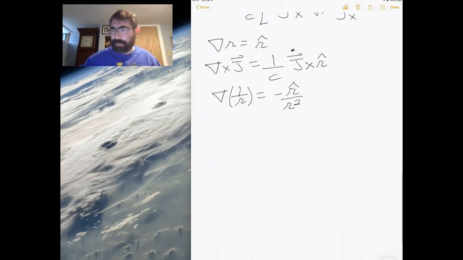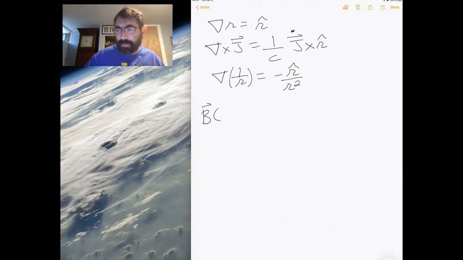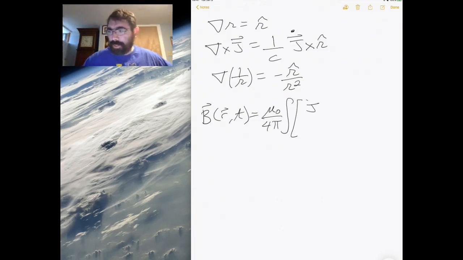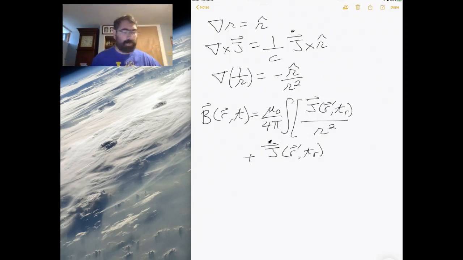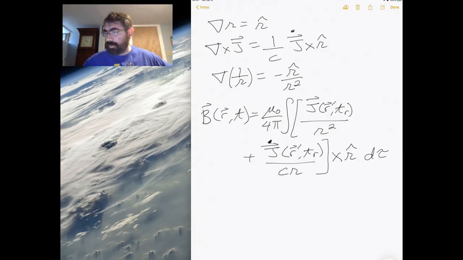And so if we now put some of this stuff together, what we get is the magnetic field at some position r at some time right now t is mu 0 over 4 pi, the integral of the current at a position r prime at a time t_r divided by r squared plus the time derivative of the current at those same position and times divided by c r, crossed into the r direction, and then you integrate over the volume.